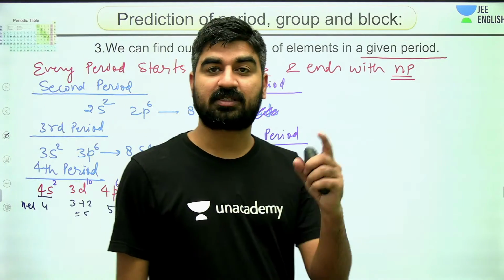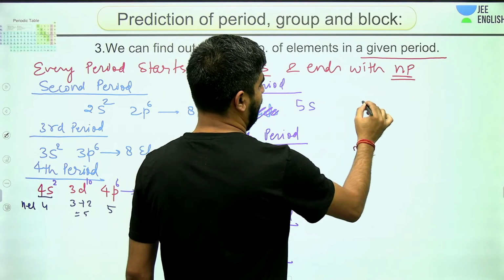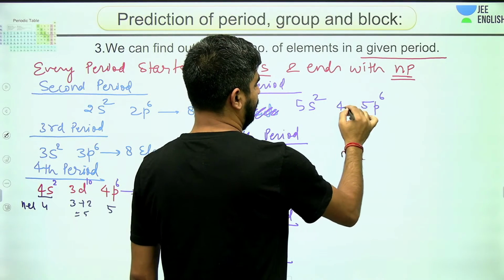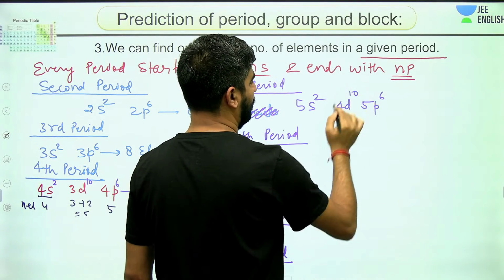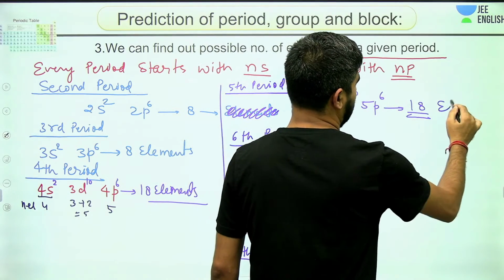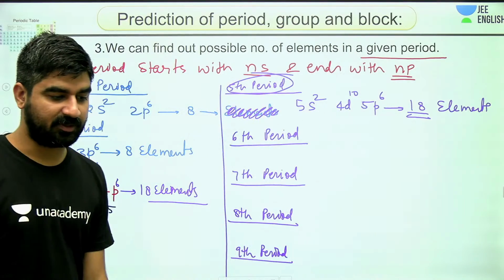For fifth period, you will start with the 5s and end with the 5p. Then you can write here 4d. So it will be again 18 elements. So guys, your fifth period will have 18 elements.